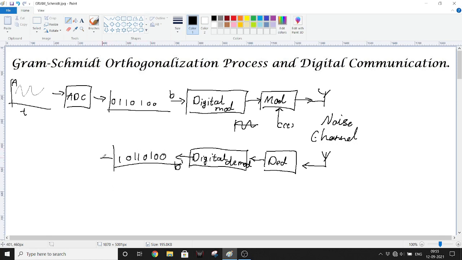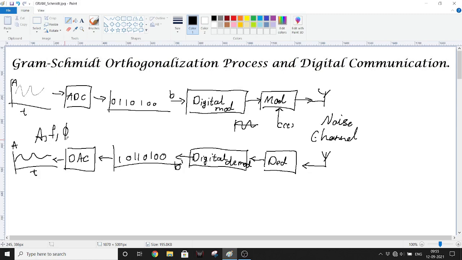Then we use a digital to analog converter and we receive back our natural responses, with amplitude, time, and hence their characteristics of amplitude, frequency, and phase.